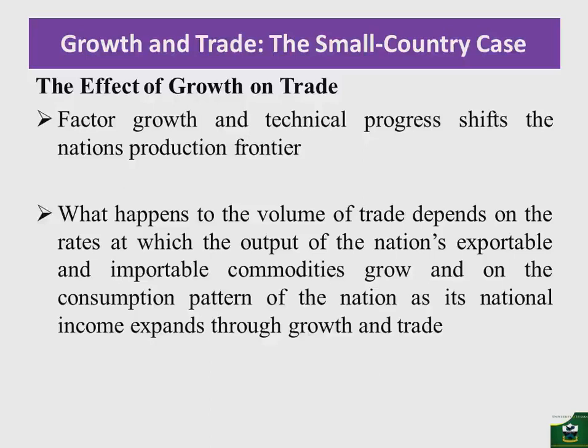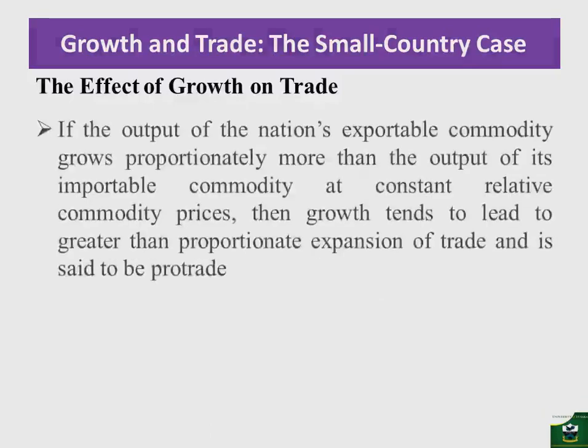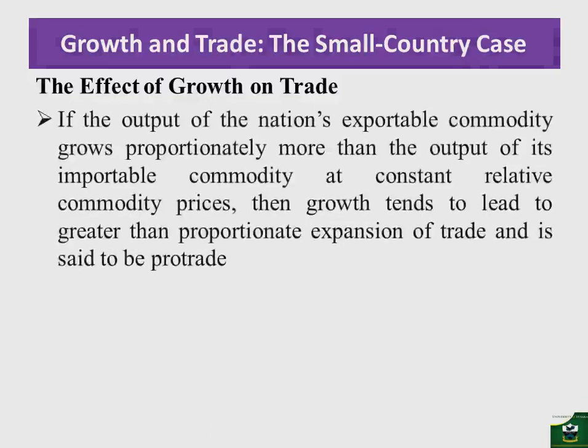So if the output of the nation's exportable commodity grows proportionately more than the output of its importable commodity at constant relative commodity prices, then growth tends to lead to greater than proportionate expansion of trade, and it is said to be pro-trade.